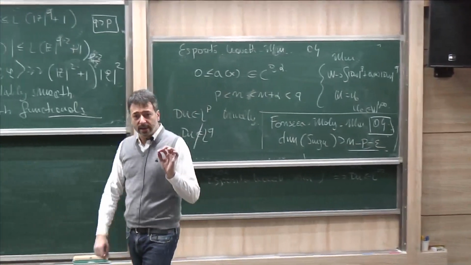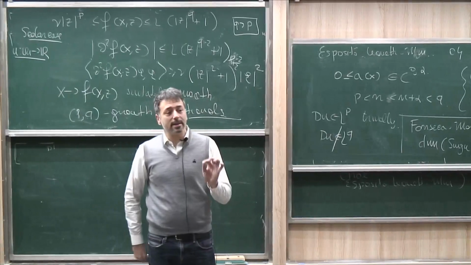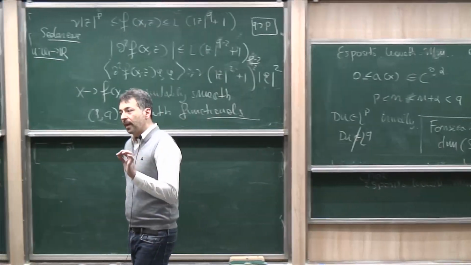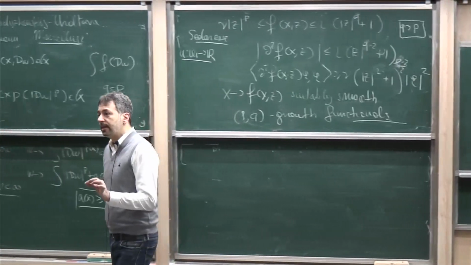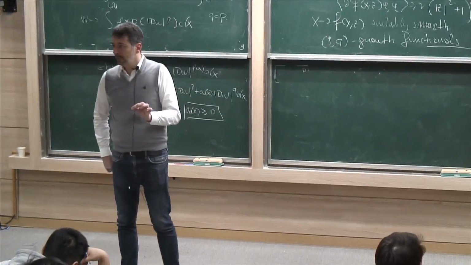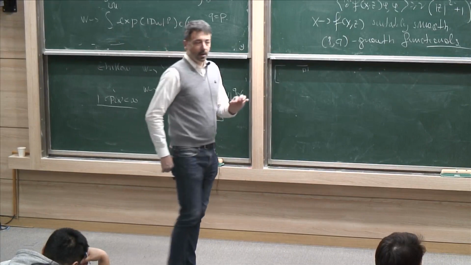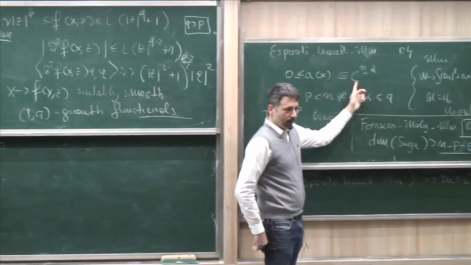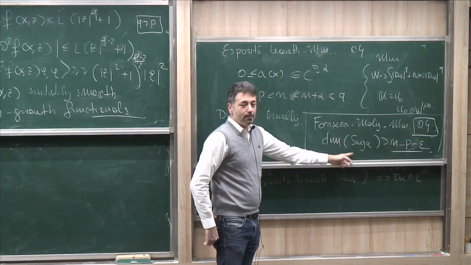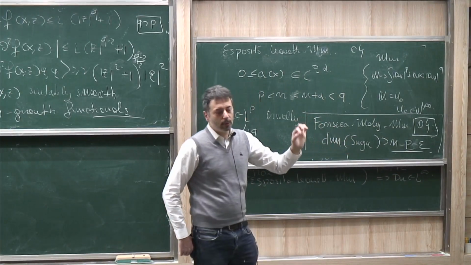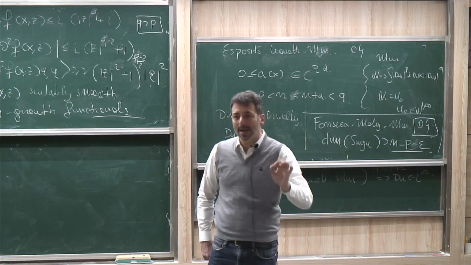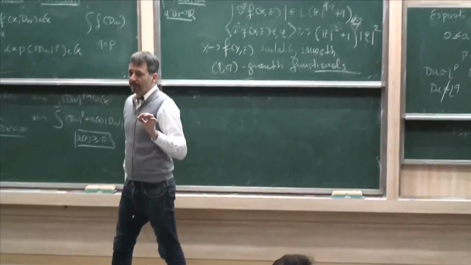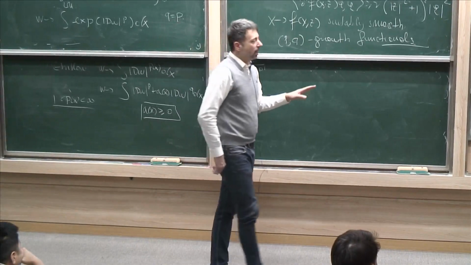So since a minimizer is in W1P by definition, the set of non-Lebesgue points has a Hausdorff dimension which is not exceeding n minus p. And now you can cook up a good coefficient and a minimizer who is almost as bad as any other competitor. So this is telling you that no regularization effect whatsoever can occur under these conditions.